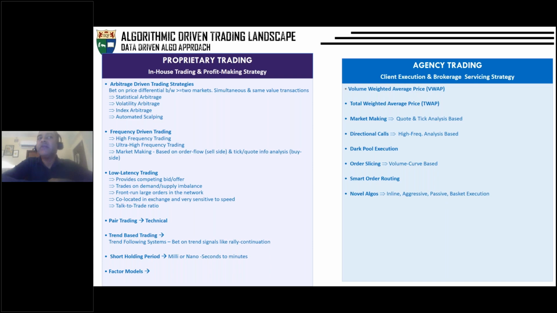Low latency trading also goes to the actual demand and supply, right? These are low latency models, actual bid offer spread, right? Bid ask spread, basically how that bid ask spread impacts your price.